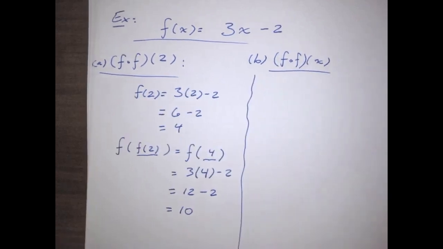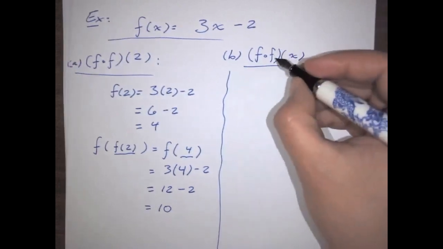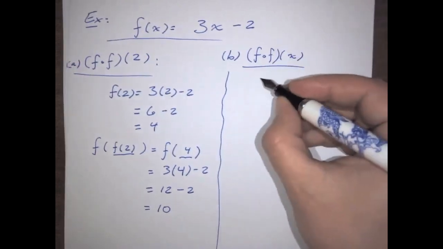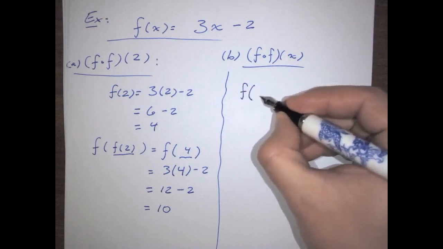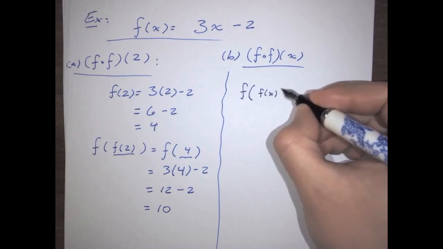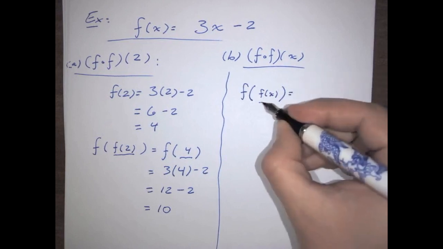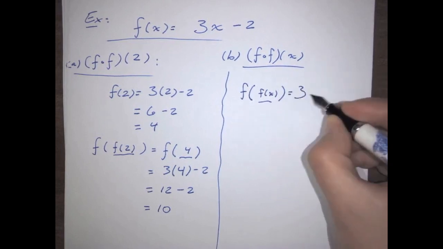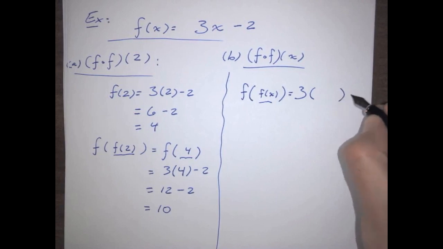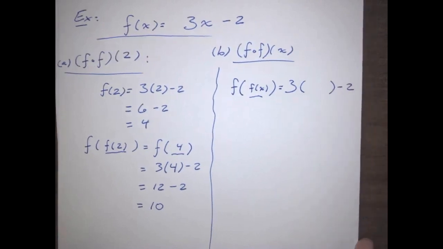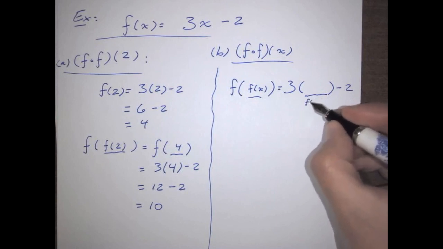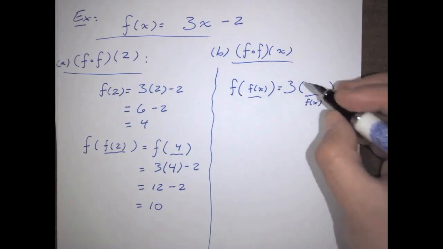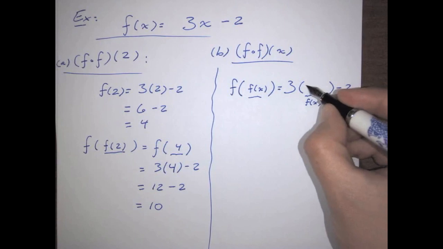And then on the other side, if we just want the formula here, then what we would be doing is we'd be taking the formula for f, which is this, and where we used to have an x, we will instead put the inside function, which is just going to be another copy of f of x.